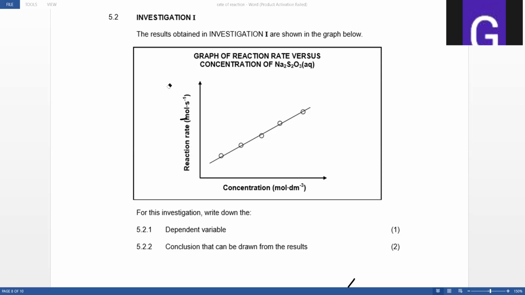The conclusion that can be made by looking at this increasing line is that there's a direct proportion between the two. So you're going to say an increase in concentration results in an increase in rate of reaction.